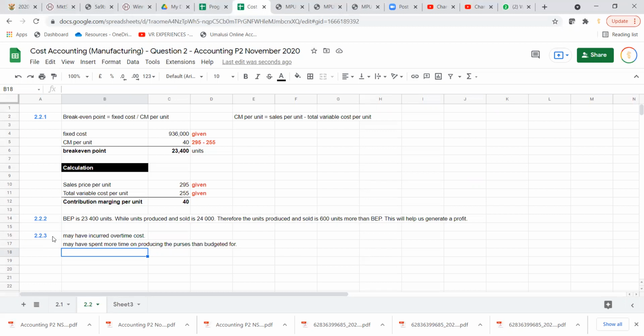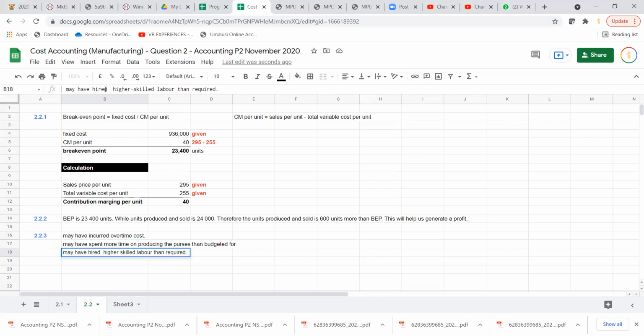Another reason could be: may have hired higher skilled labor than required. Sorry, not more skilled labor, higher skilled labor.